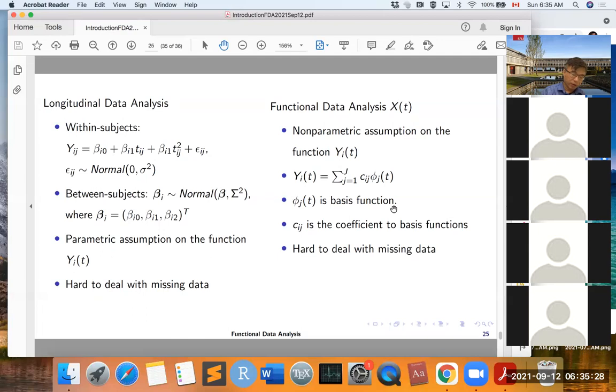When we do functional principal component analysis, we come up with the functional principal components, which can be treated as functions. So Cij here are the coefficients of the basis functions.